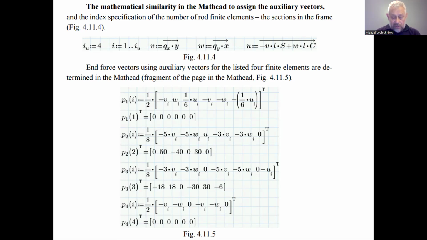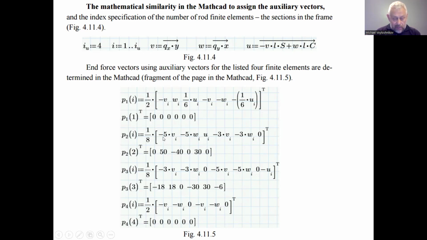That's because we have the hinged connection at the end of the element of the second type and at the beginning of the element of the third type, and we have the embedding at the beginning of the finite element of the second type.